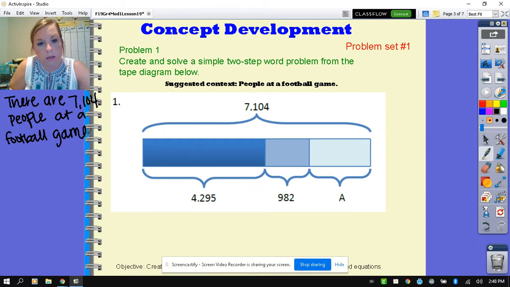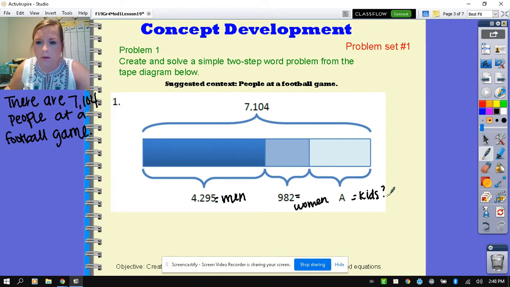And we have to have different things for these three items. So I'm going to go ahead and say that this represents like men at the football game. This represents women at the football game. And so we're trying to figure out how many kids are at the football game. Okay. So we're going to say there are, because each of these have to represent, our numbers have to be represented in our word problem.